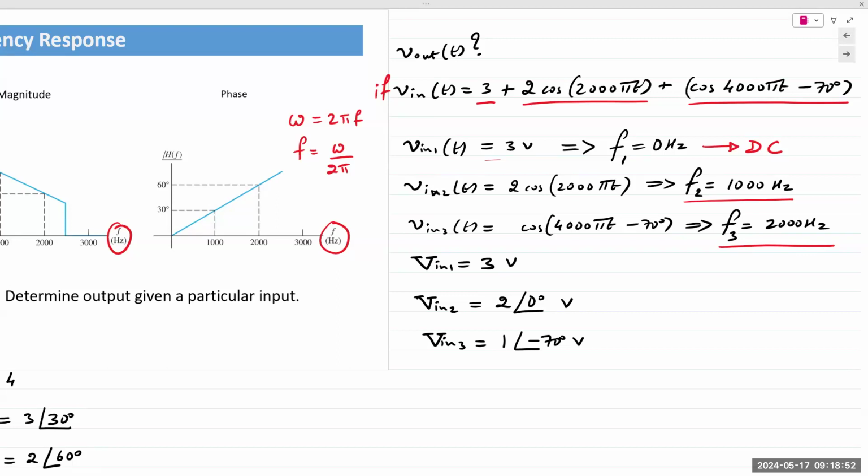So we write down the phasors, V in 1, V in 2, and V in 3. First one, of course, is a DC, so it doesn't have any phase, it doesn't have any angle. So 3 with an angle of 0, V in 2, 2 with an angle of 0, and V in 3 is 1 with an angle of minus 17. So far, so good. Any questions?